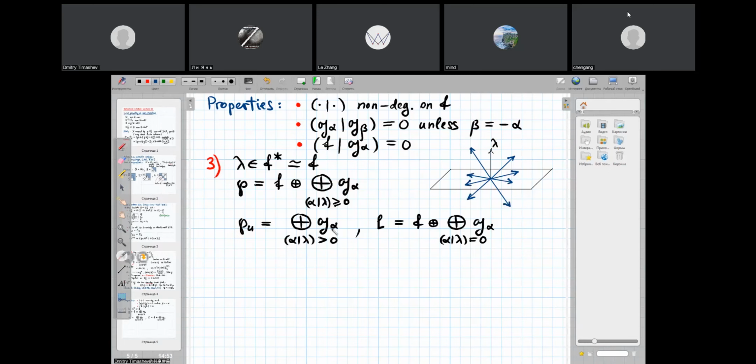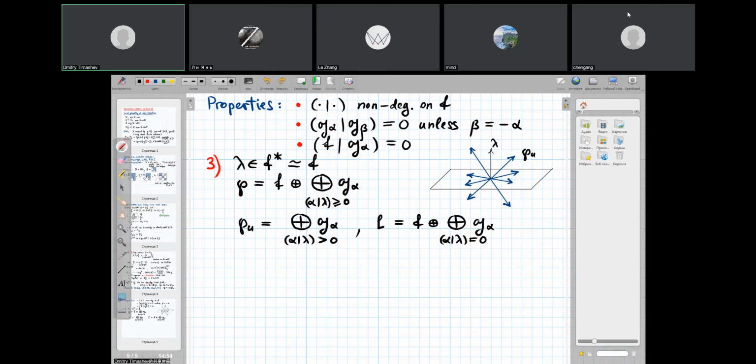And now, the roots corresponding to the unipotent radical are exactly the roots above this hyperplane. So what is above this hyperplane corresponds to the unipotent radical of P. And the roots corresponding to the Levi subgroup are on this hyperplane.